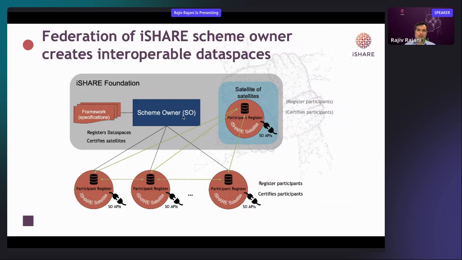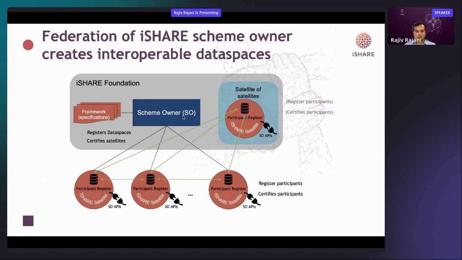This is essentially a very federated role, because participants don't need to come to the iShare Foundation to be onboarded to the iShare framework, but they go to their satellite. Basically, a satellite is an organization known within their own sector, so it is very distributed in that sense.